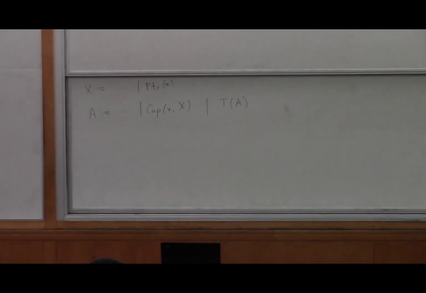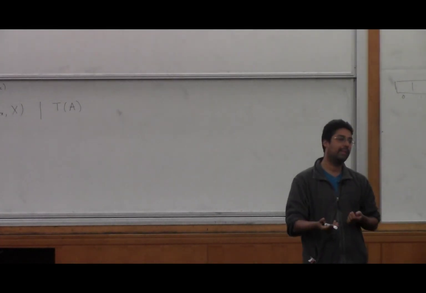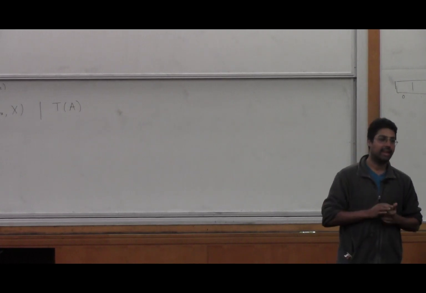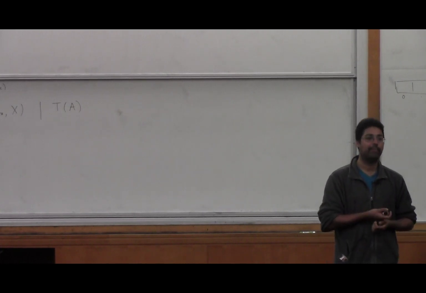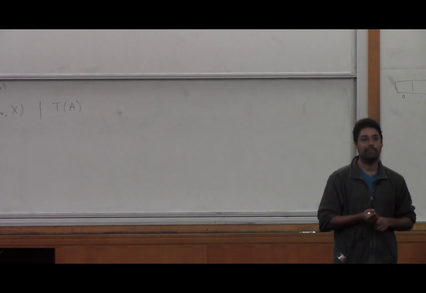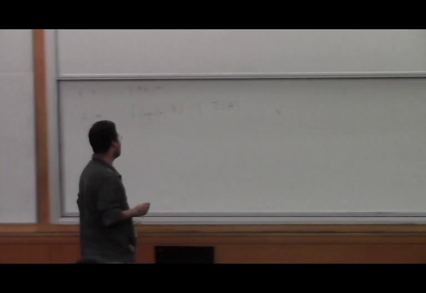Yes? Will capability somehow impose ownership? Yes, so capability, you could write it in many different ways. So I picked cap because that's what was in the L3 paper, but you could also call it ownership, or you could call it points to or something like that. So L3 wrote cap.